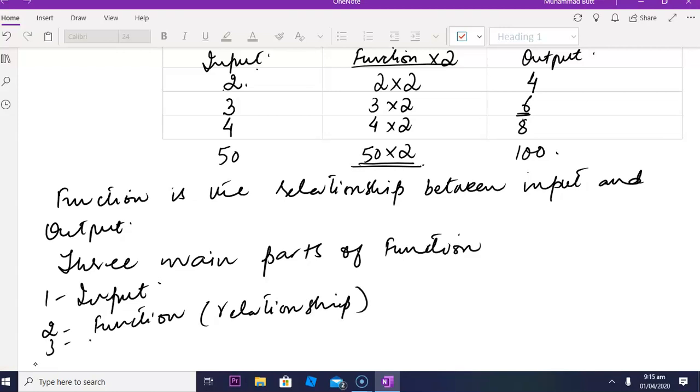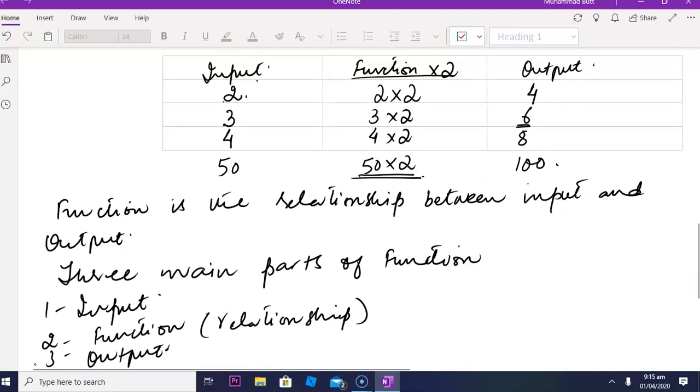And the third one is output. Now if we know the relationship, we know the input, we can find out the output. Similarly, we know the output and we know the relationship, we can also find out input.